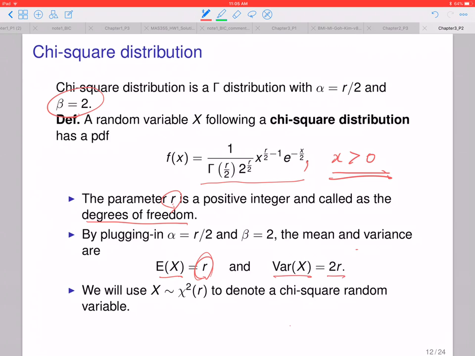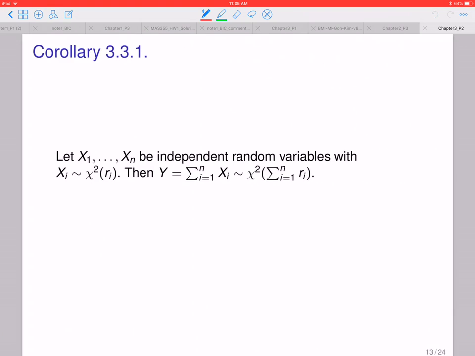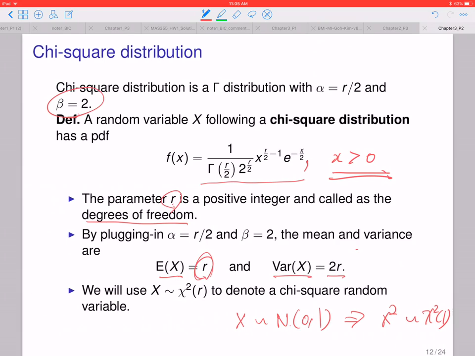We recall that we already showed chi-square 1. The MGF of the chi-square distribution is (1 - beta t)^(-r/2), where beta is 2, so (1 - 2t)^(-r/2), for 1 - 2t positive.